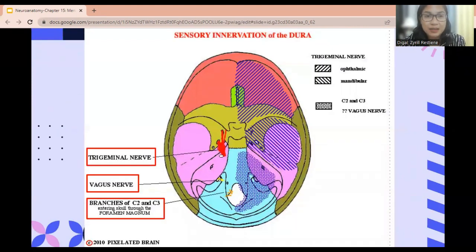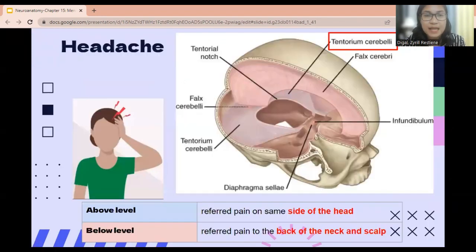So, the dura mater receives nerve supply from the branches of your trigeminal nerve, your vagus nerve, your sympathetic nervous system, and the first three cervical nerves, which pass through the foramen magnum. Now, your dura mater possesses numerous sensory endings that are very sensitive to stretching, which produces the sensation of headache.